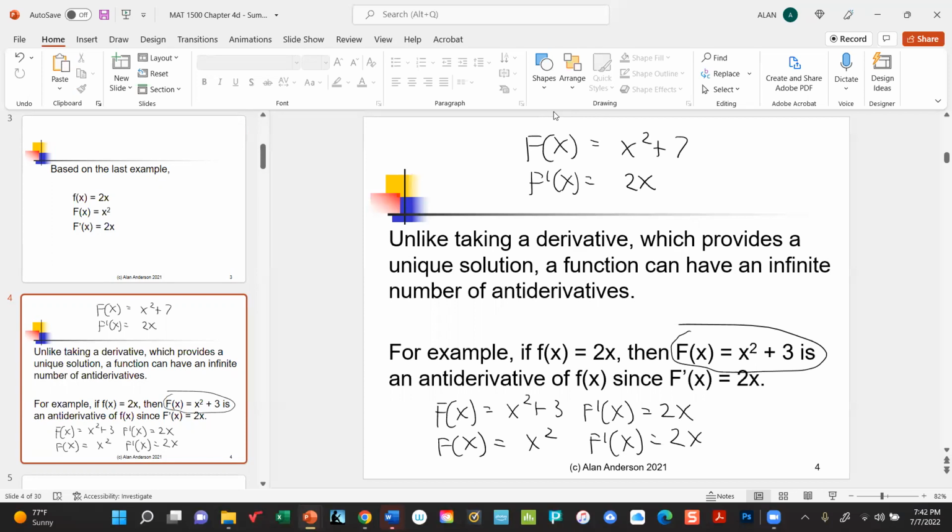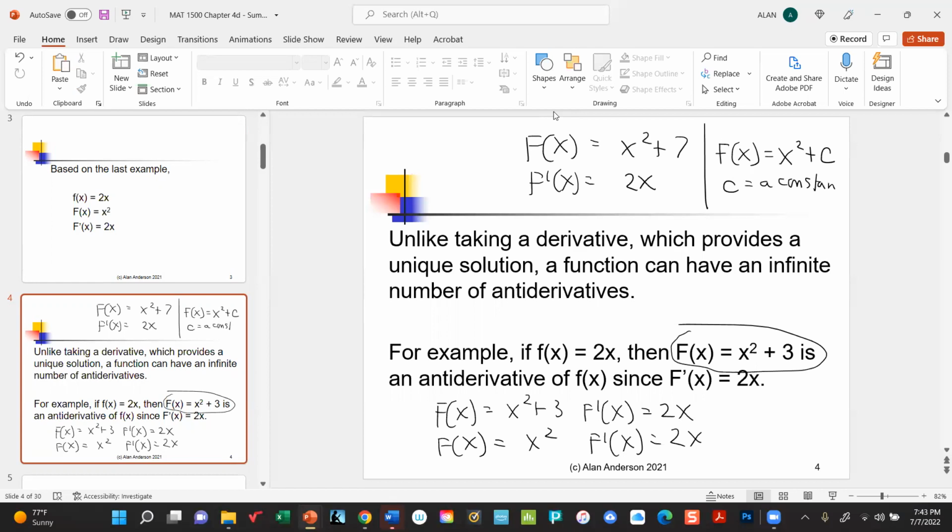So because there's always a potential for having a constant here, when we write this antiderivative, instead of writing it like this, we'll write it as x squared plus c, where c is a constant.